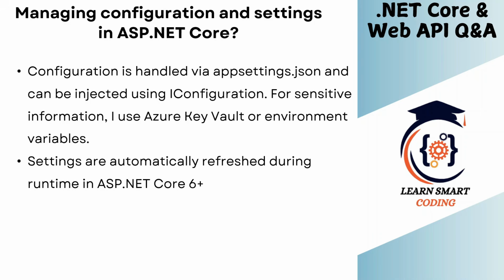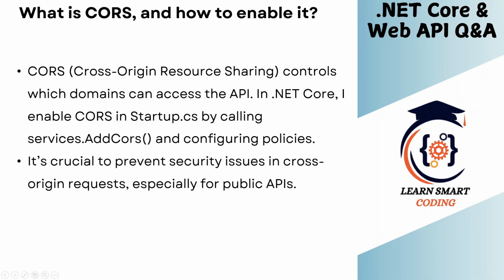So you can inject IConfiguration and start using the properties in any of the controllers or services. You can also store all of this information in Azure Key Vault, and you can use that in the deployed version. And one thing you should remember: from .NET 6 onward, these settings are automatically refreshed during runtime. All right. What is CORS?